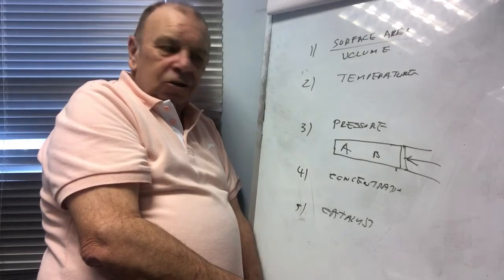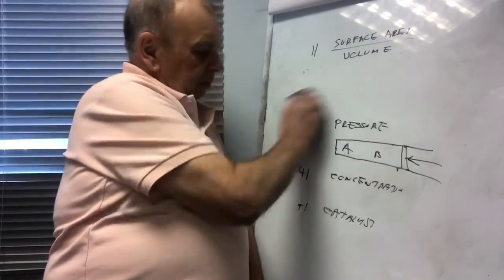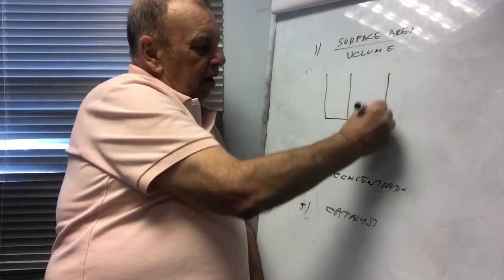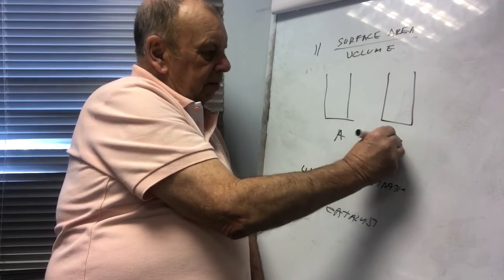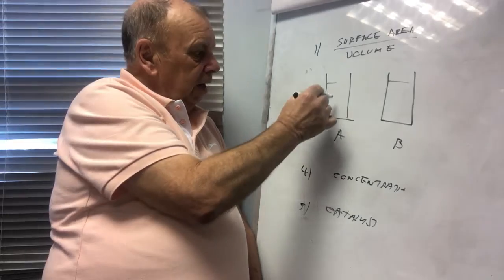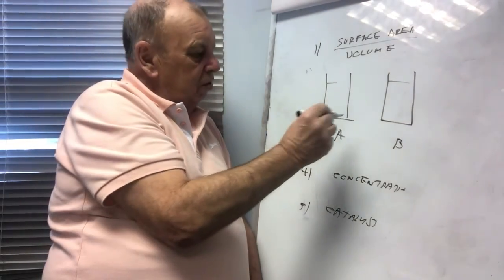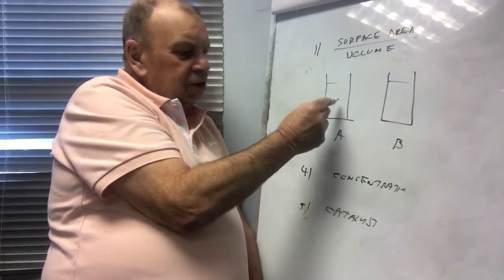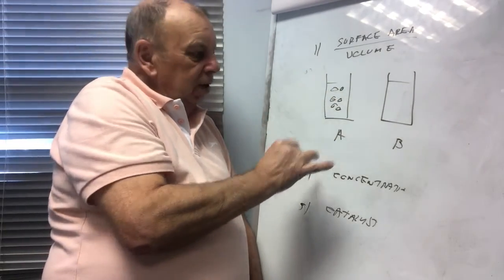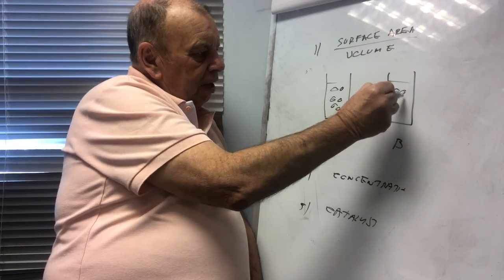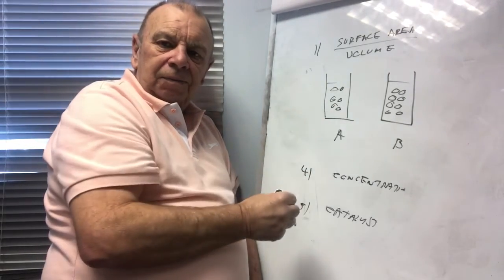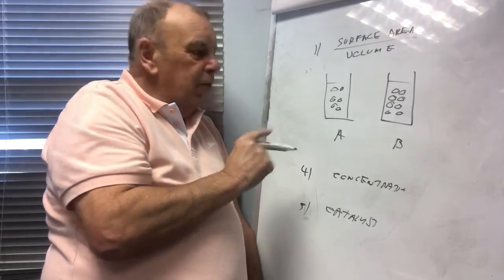The next one is concentration. If I took 2 test tubes, A and B, and in there I've tipped a solution of A, and in there I've got a solution of B. If this contains that amount of particles, and this contains that amount of particles, they react together, because reactions occur, like I keep on saying, when particles collide.